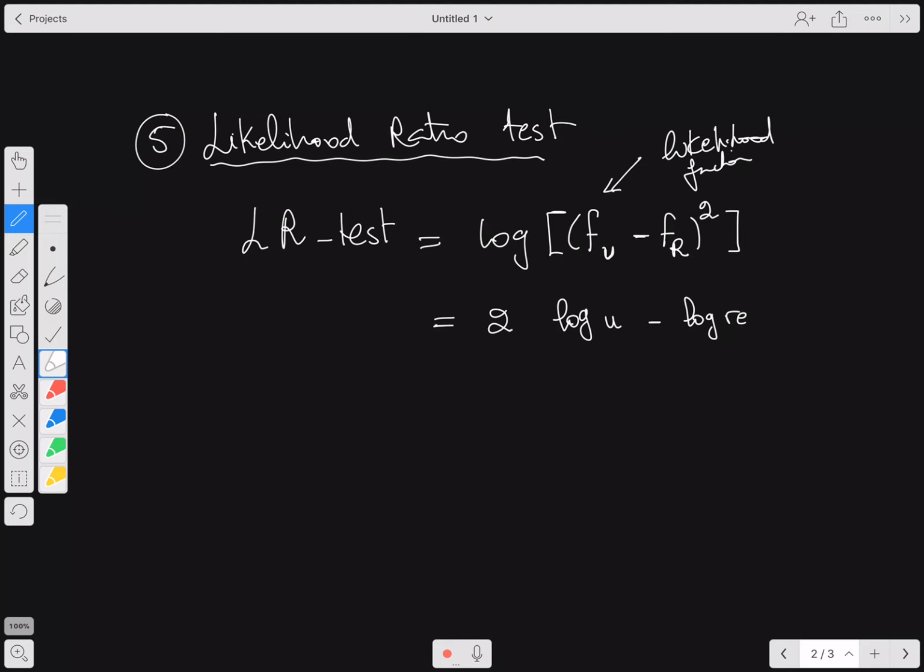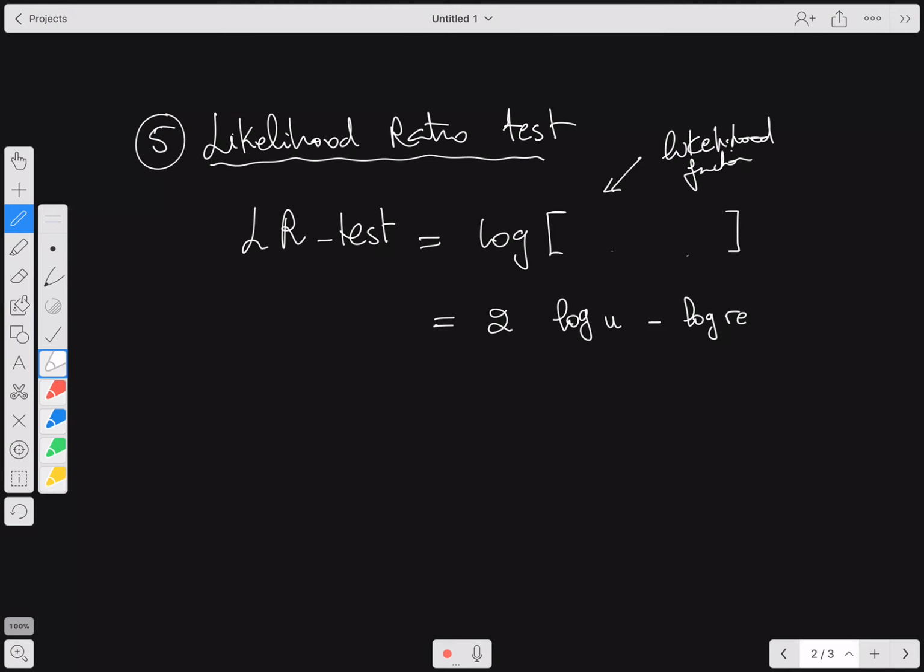Actually, you know what, I said something wrong here. Let me correct myself. I felt like I was saying something wrong, because this is a division.